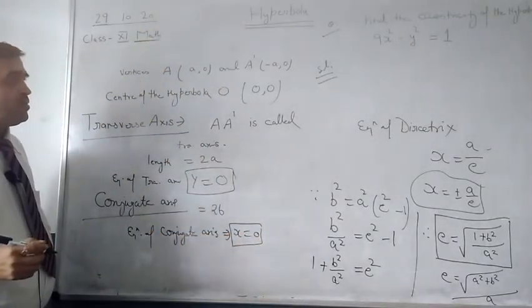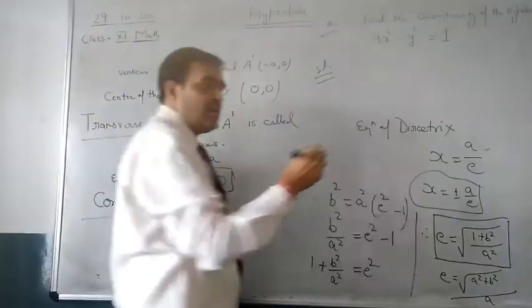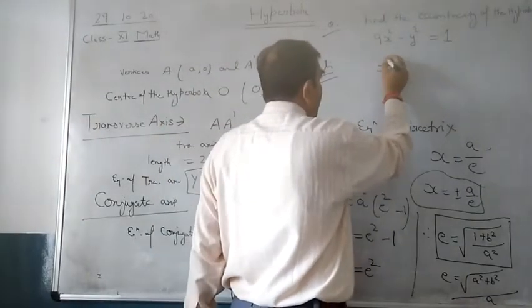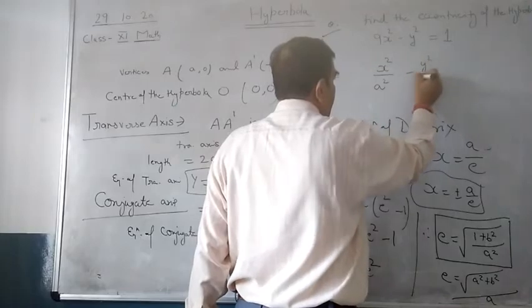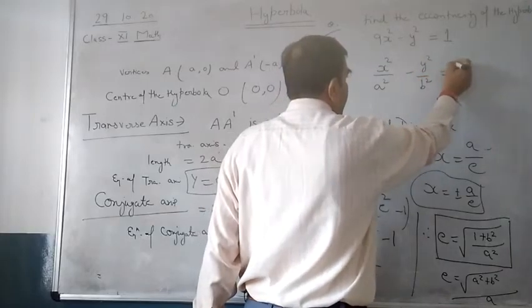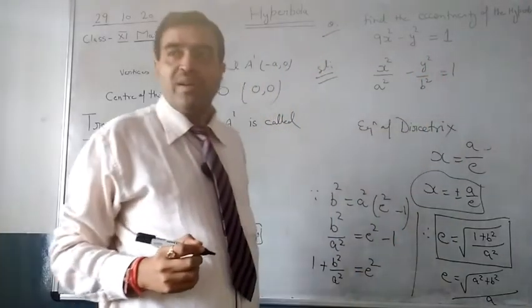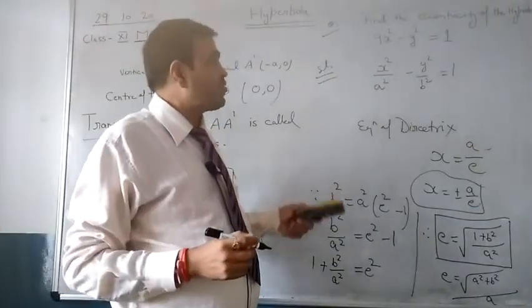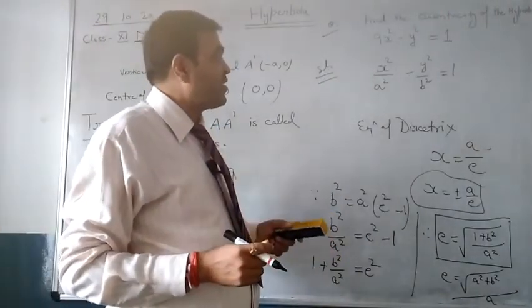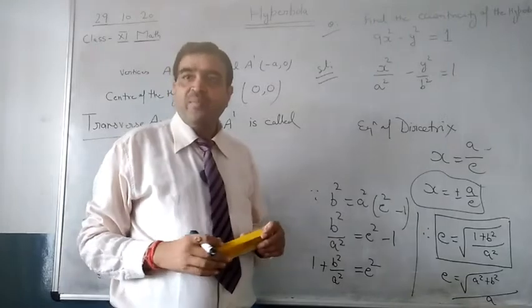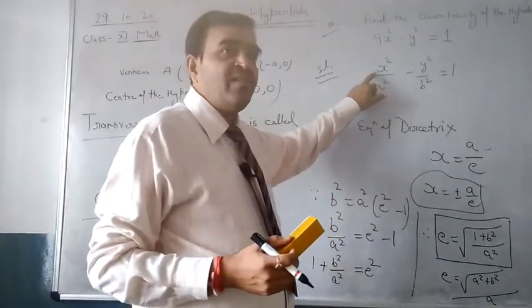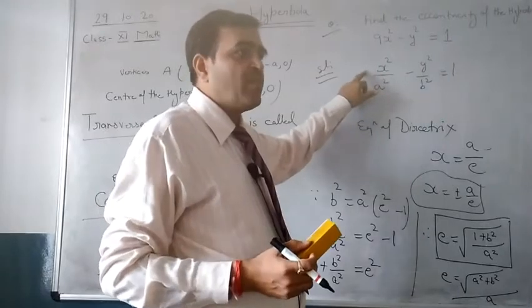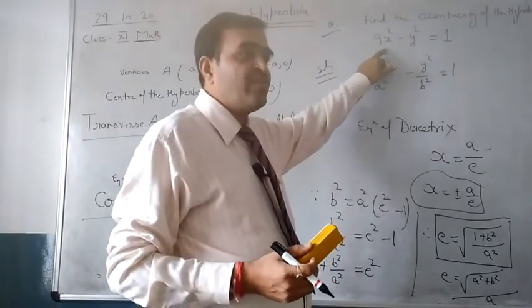You know the equation of a hyperbola: x square upon a square minus y square upon b square equals 1 represents a hyperbola. Means the coefficient of x square should always be 1.